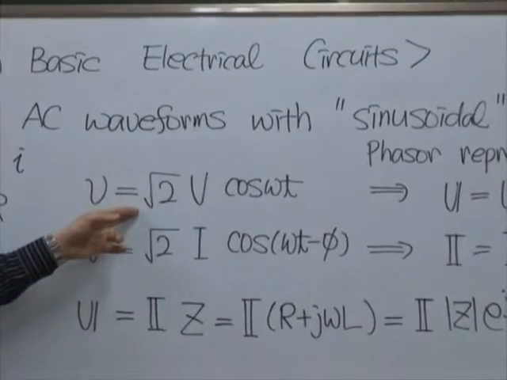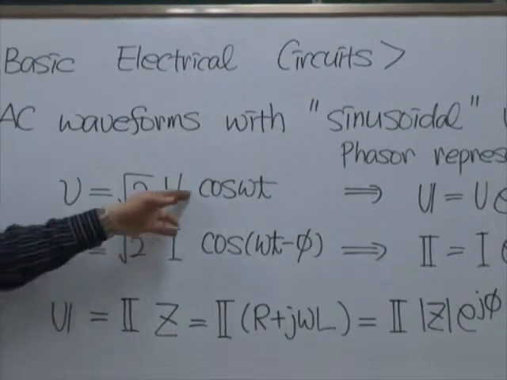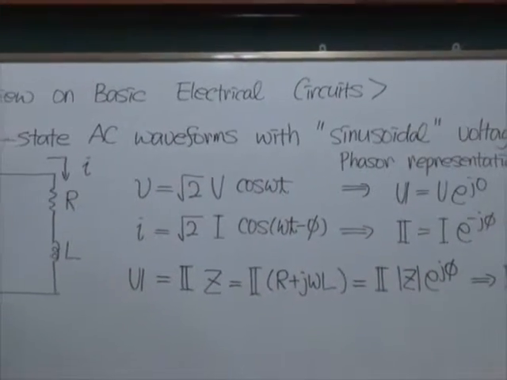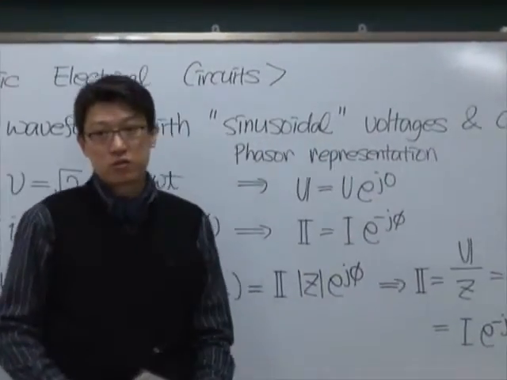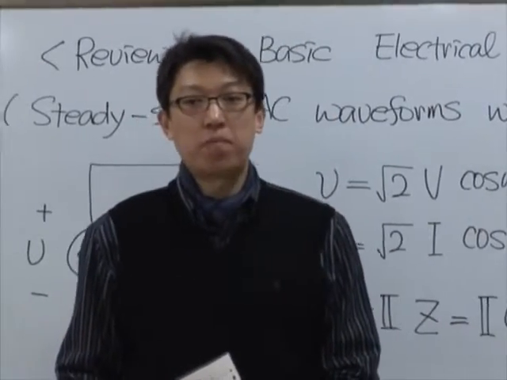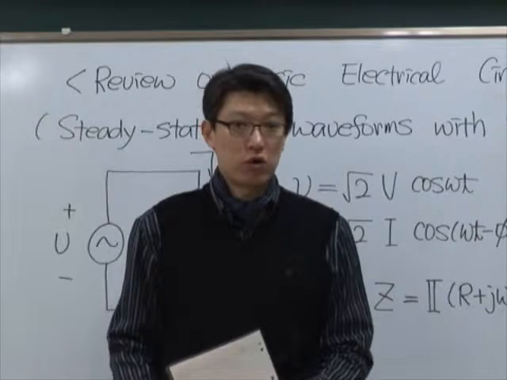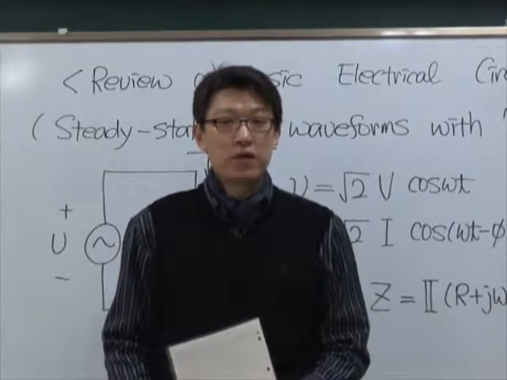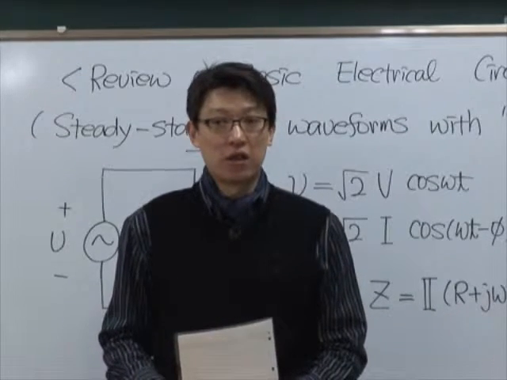And the amplitude is square root 2 times RMS. This is the RMS value, right? And we are using phasor representation. What is a phasor? A phasor is a complex quantity, a complex number. A complex number has magnitude and angle.